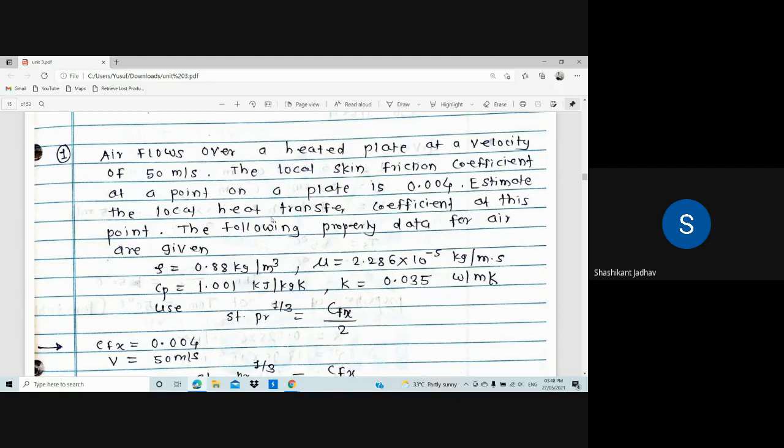So write down the given data. Rho is equal to density. Density is equal to 0.88 kg per meter cube.